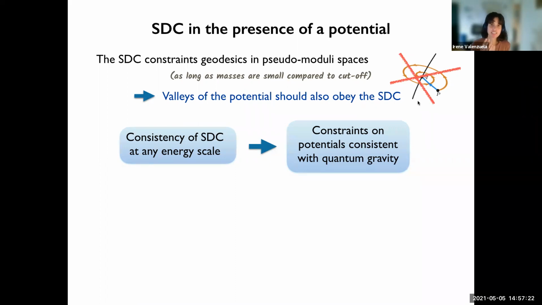And that implies that there is no way to fool yourself with some scalar potential that allows you to have a very highly turning trajectory and therefore a parametrically large variation that would violate the distance conjecture, because that's something that you do in your effective description, but quantum gravity shouldn't care about that. It should only care about how close you are getting to restore that global symmetry, like how large is that field variation. Doesn't matter how you engineer that.